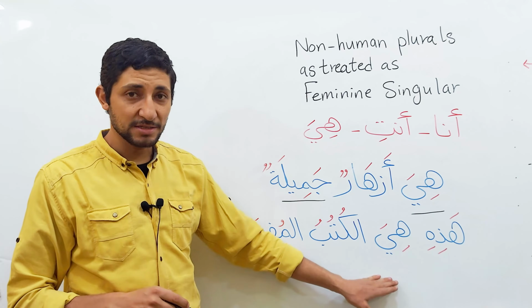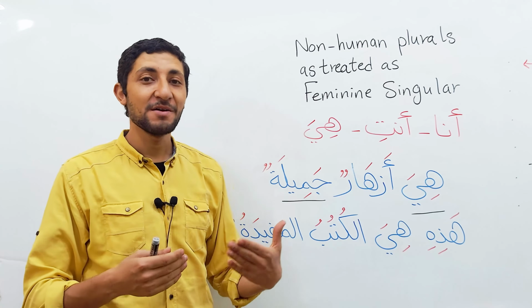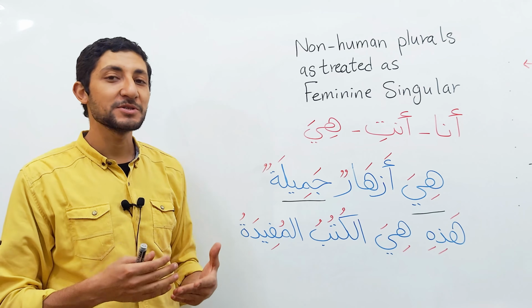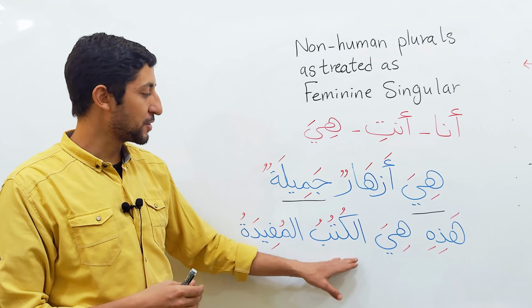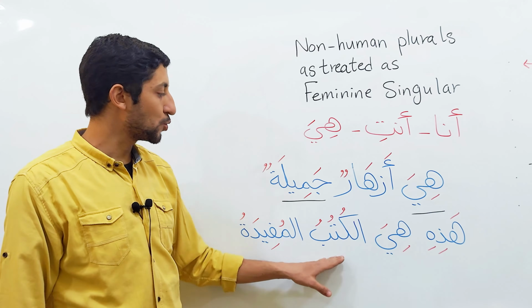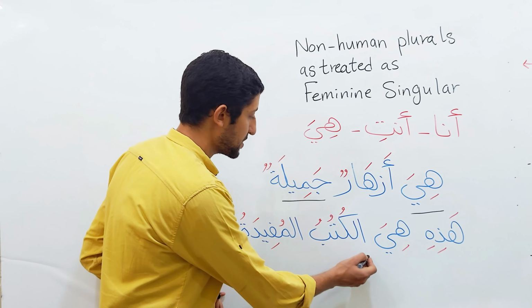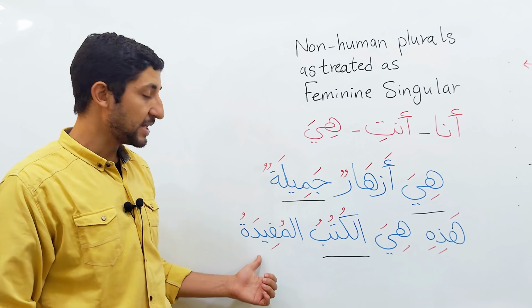This is the useful books. We are not saying these are the useful books. In Arabic, we use feminine singular pronouns and conjugations for non-human plurals. هذه هي الكتب. الكتب is the non-human plural, means books. المفيدة, useful.